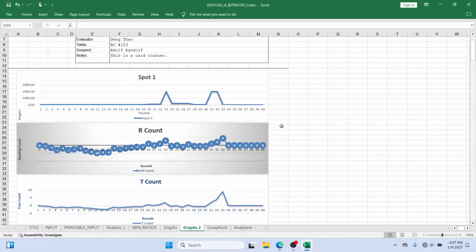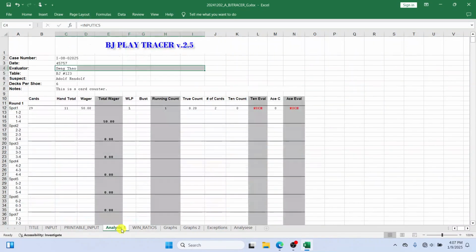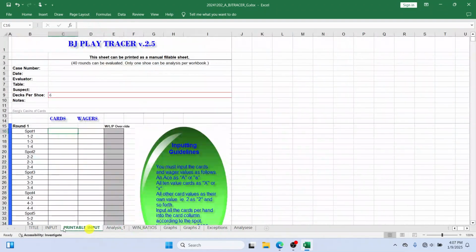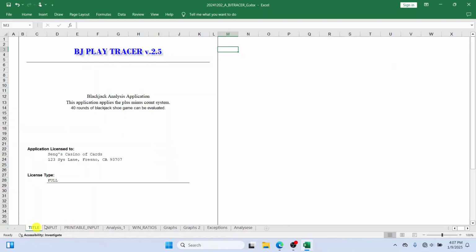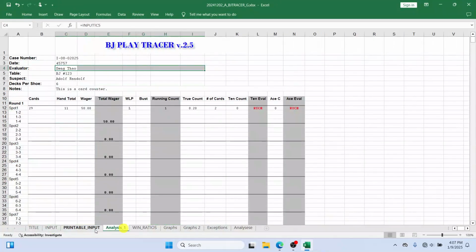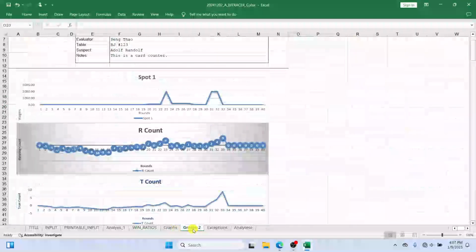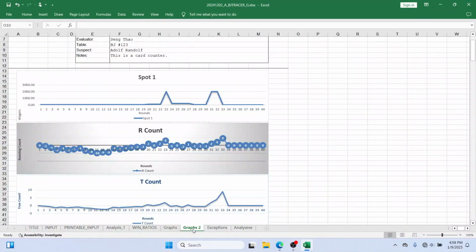The plus and minus count system is a balanced system, an easy system, and a very effective system. Other than that, this software was mainly designed for the surveillance department or the card master of a casino to analyze blackjack and to determine many things from the blackjack tables: card counters, ace trackers, shuffle tracking, betting strategy, and so on.